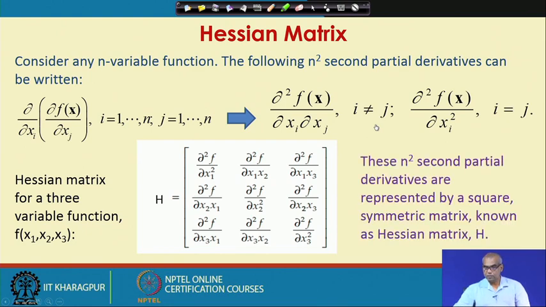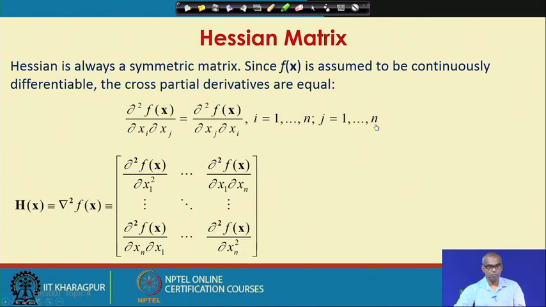Note that the Hessian matrix is a square symmetric matrix. Why is it a symmetric matrix? The Hessian matrix is always a square symmetric matrix, because we have assumed f(x) is continuously differentiable, so the cross partial derivatives are equal.